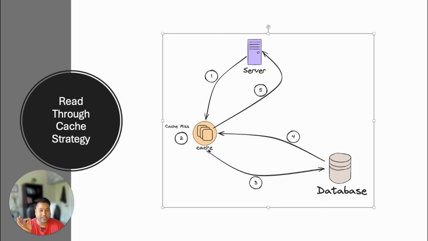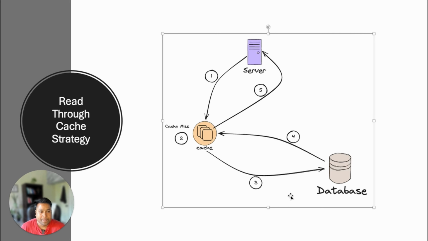Now what happens is it will directly go to your database, and look up your particular data element X. When the data element X is fetched from your database, it will first be written to your cache memory, and then from your cache memory it will be sent to your server, right?